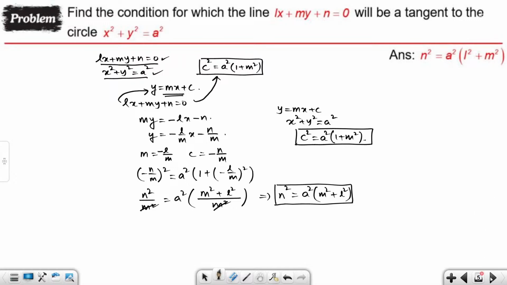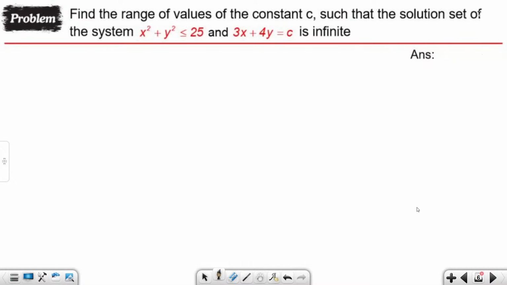Okay, let us see this question. A very interesting sum. The question is, find the range of values of constant c such that the solution set of the system x square plus y square less than or equal to 25 and 3x plus 4y equals c, c is a constant, is infinite.